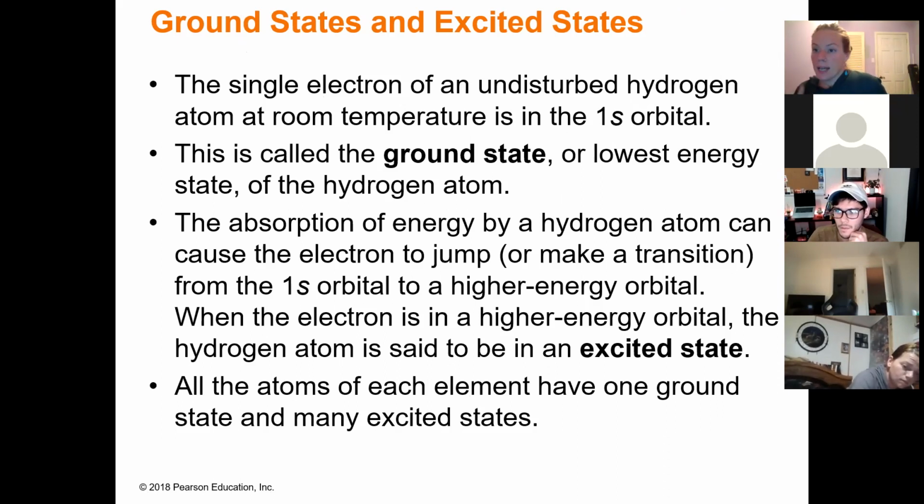There's only one ground state for every element. But if I were to excite that electron, it could go to a variety of places. It could go to the 2s, the 3s, or the 3p. So all the atoms of each element will have only one ground state, but they have a lot of excited states because the electron has a lot of places it could go, depending on how much energy it gets.